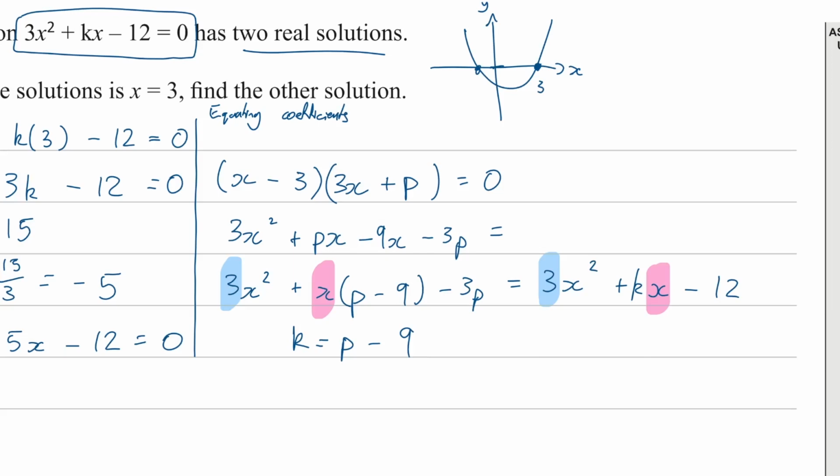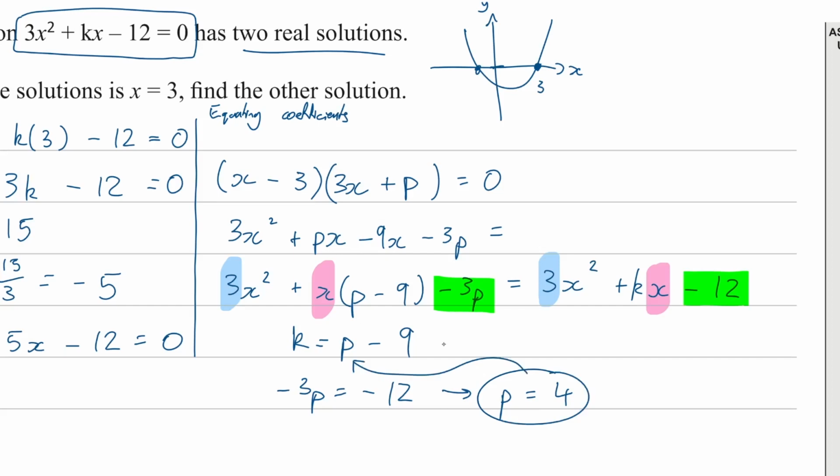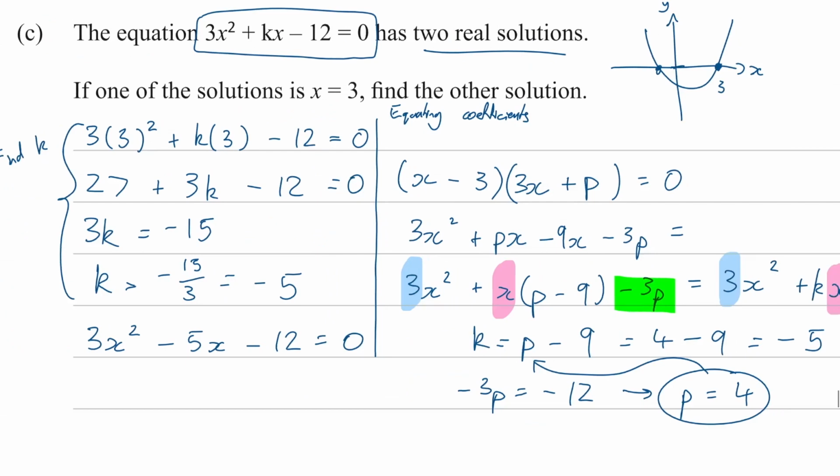Finally, looking at the constant, minus 3p equals minus 12, excuse me. Which means p equals 4. And if p equals 4, k equals p minus 9, which is 4 minus 9, which equals minus 5. Which is exactly what we got using the other method.